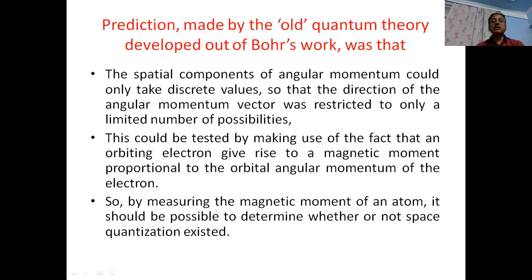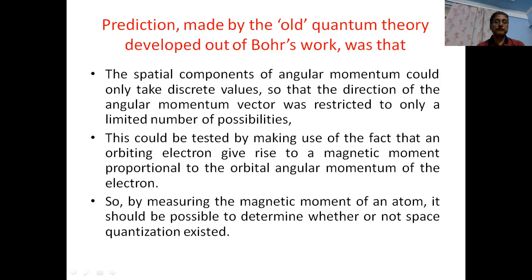The prediction made by the old quantum theory developed out of Bohr's work was that the spatial component of angular momentum could only take discrete values. That is, the angular momentum was spatially quantized, so that the direction of the angular momentum vector was restricted to only a limited number of possibilities. This could be tested on the simple principle that an orbiting electron gives rise to a magnetic moment proportional to the orbital angular momentum.